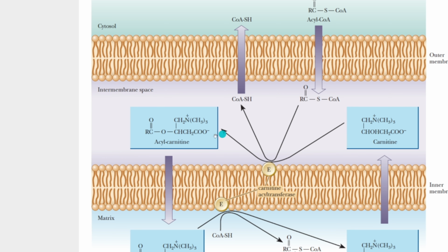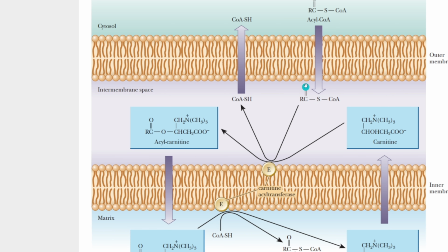At the inner membrane, the alkyl group is transferred onto carnitine by transesterification, and this reaction is catalyzed by the enzyme carnitine acyltransferase to form alkyl carnitine.